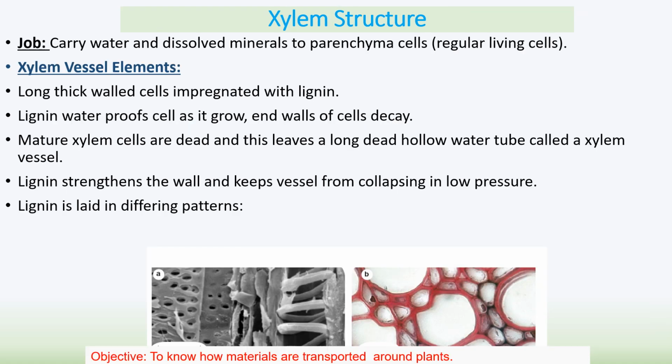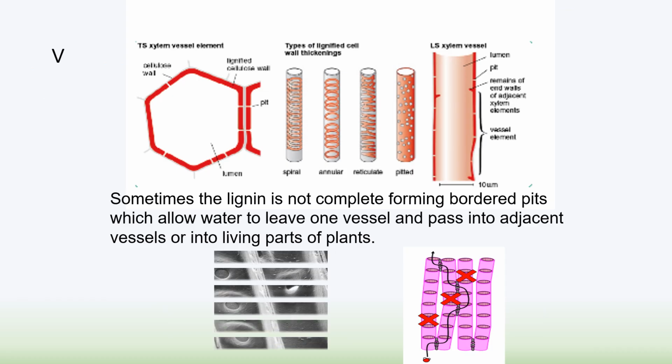The structure of the xylem is adapted by having something called xylem vessel elements, which is the proper cell name, and they carry water and dissolved minerals up the plant, because they have long walls. They're impregnated with lignin, which is a waterproof layer, and the whole cell dies when it's mature, which means it can be hollow. The lignin gives it strength and stops the walls collapsing when the pressure drops at times during the day.